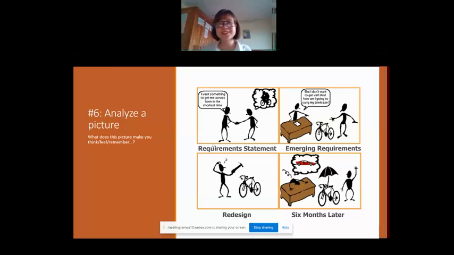Problem number two, with requirement collection, from picture number one to picture number two, the customer adds more requirements while the project is going on.